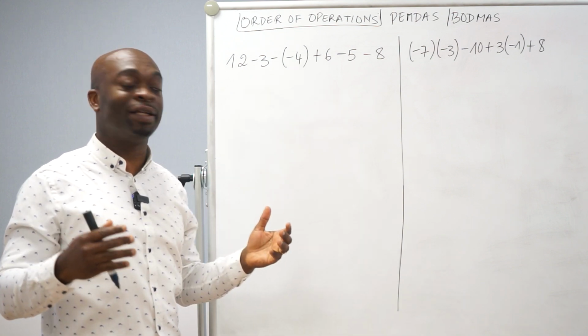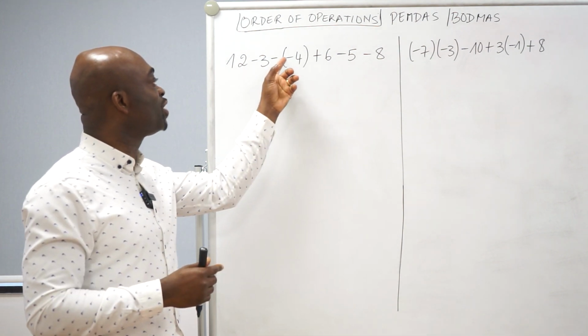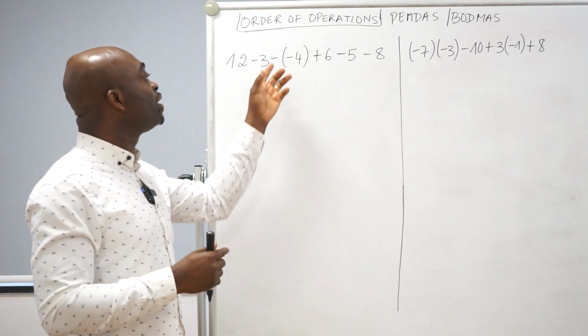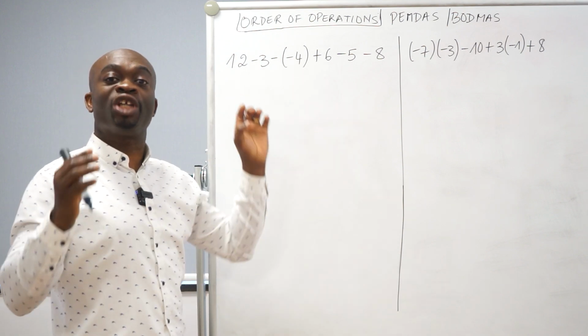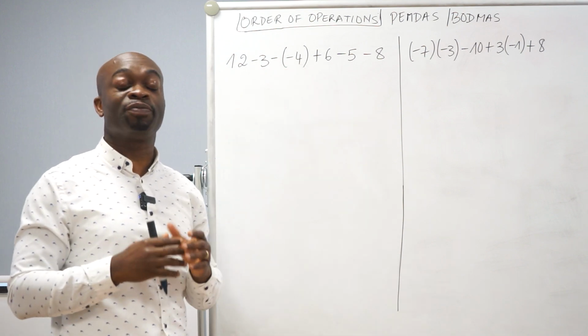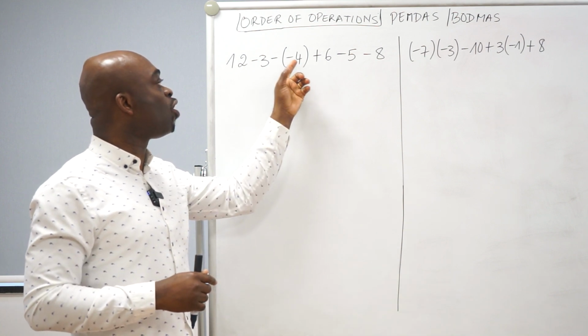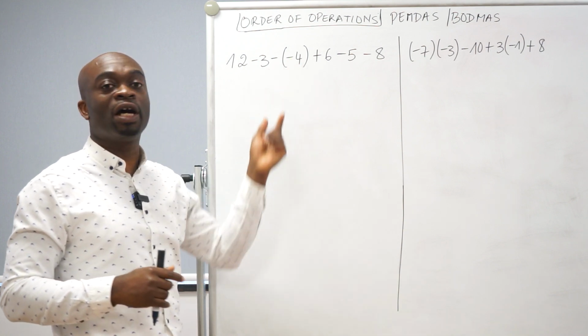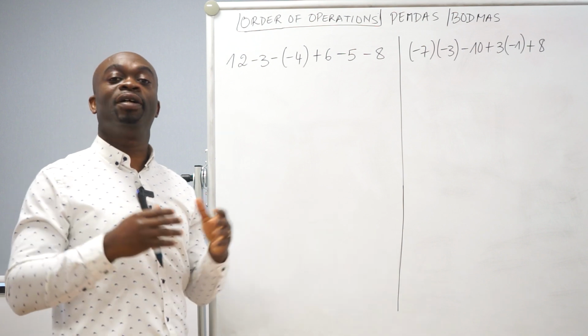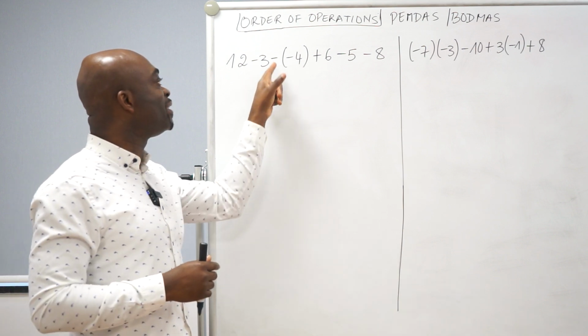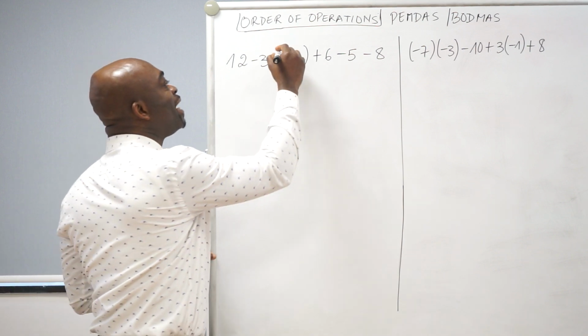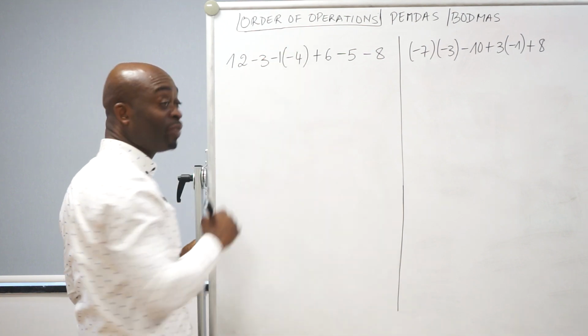And how do we do that? We have the subtraction sign in front of the parentheses. The subtraction sign will always change what you have inside the parentheses to the opposite. So because this one is negative 4, automatically when you combine these two, it becomes positive 4. In other words, this one can be seen as a negative 1 in front of the parentheses.